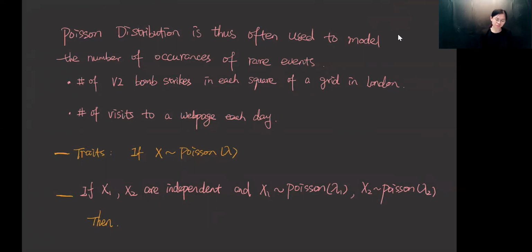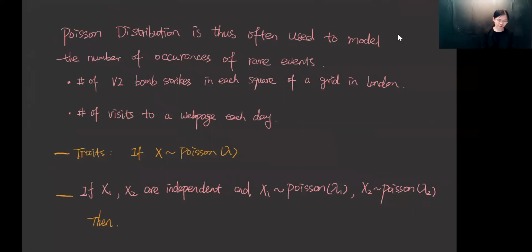And when p is approaching 0 at the rate 1 over n, the probability that the event happens is small when n is big. So therefore, the event is a rare event. So Poisson distribution is often used to model the number of occurrences of rare events.